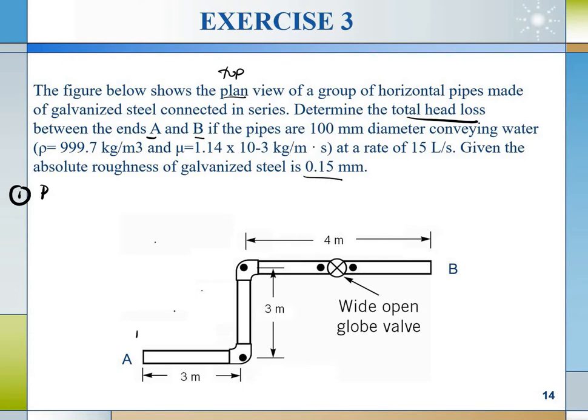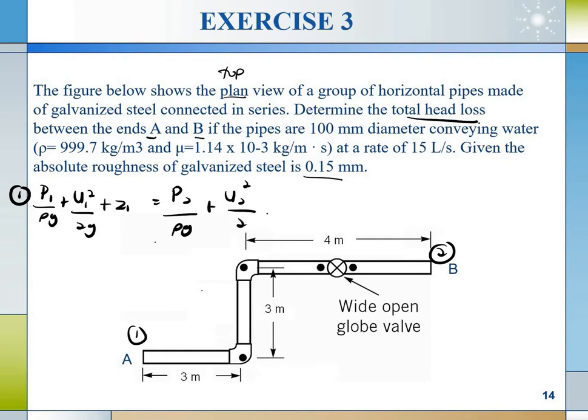So this one is point 1, this one is point 2. So P1 over rho g plus U1 square over 2g plus Z1 is equal to P2 over rho g plus U2 square over 2g plus Z2.